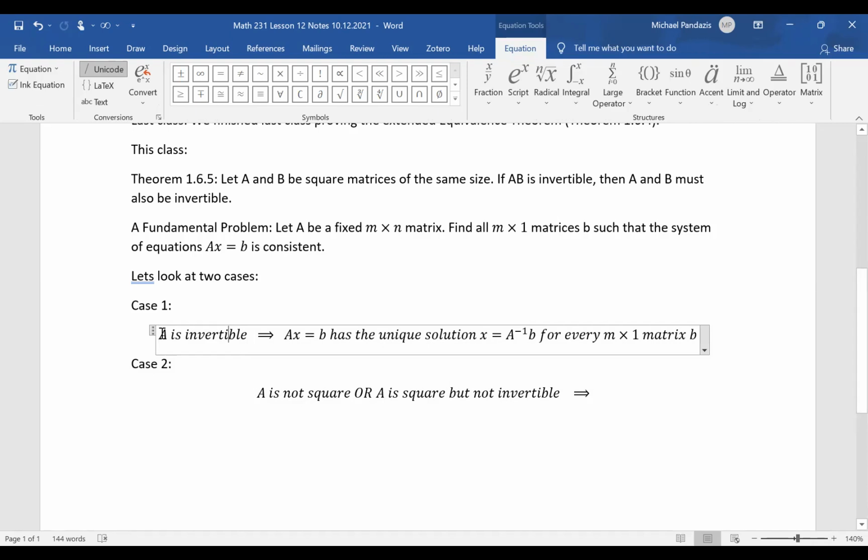It's every other possible case: either A is invertible or A is not invertible. If A is not invertible, it could be a square matrix that's not invertible, or it's just not a square matrix.